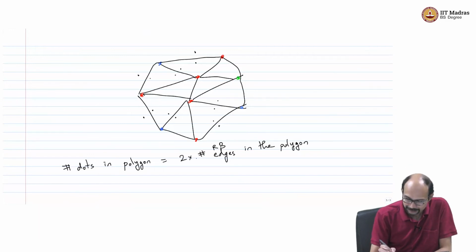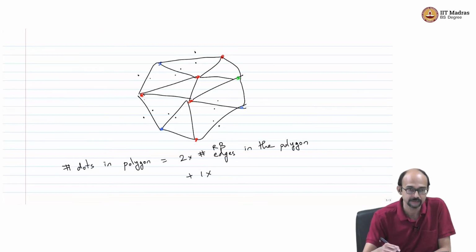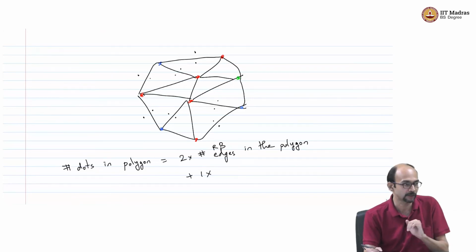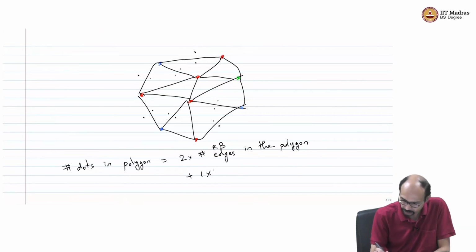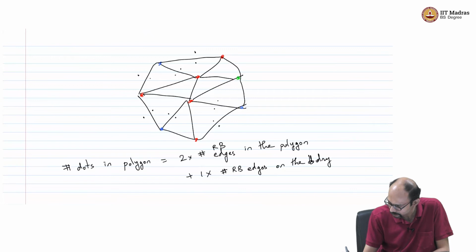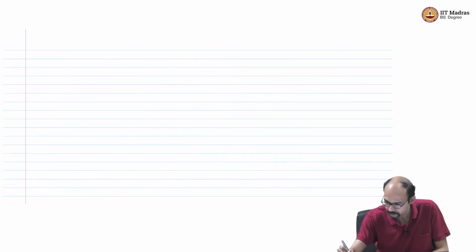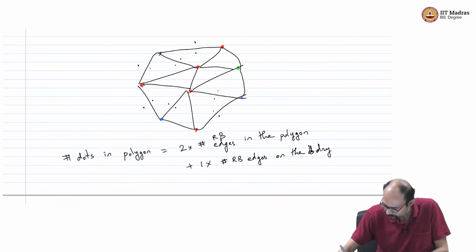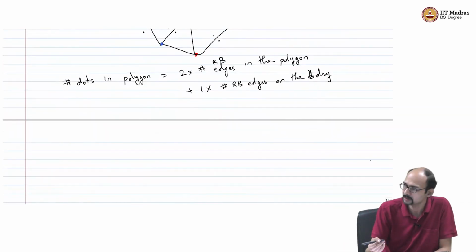And then every red blue side which is on the boundary gives you only 1 dot, because the other dot is outside the polygon. So this is 1 times the number of red blue edges on the boundary. I hope this is clear.